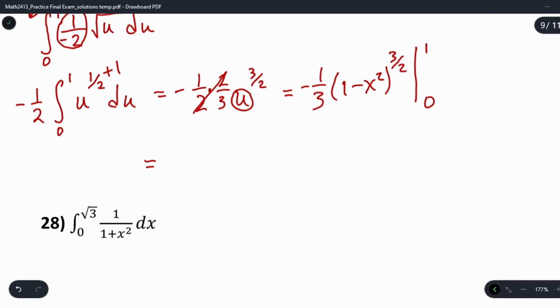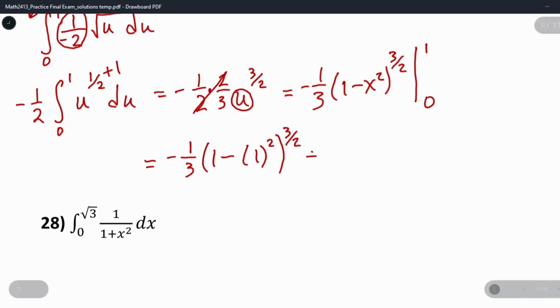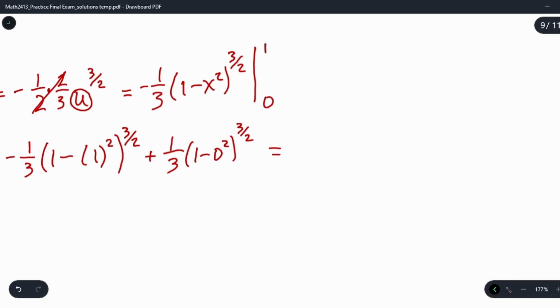Okay, so plugging in 1 first, we're going to have negative 1/3 times 1 minus 1 squared, all of that to the 3/2 power, and then minus a negative will make that a positive 1/3 times 1 minus 0 squared to the 3/2 power, which will simplify. 1 minus 1 becomes 0.